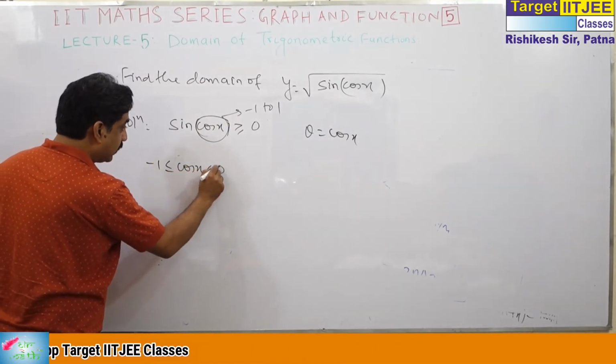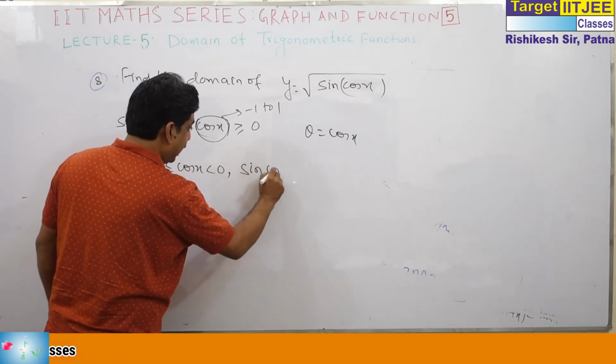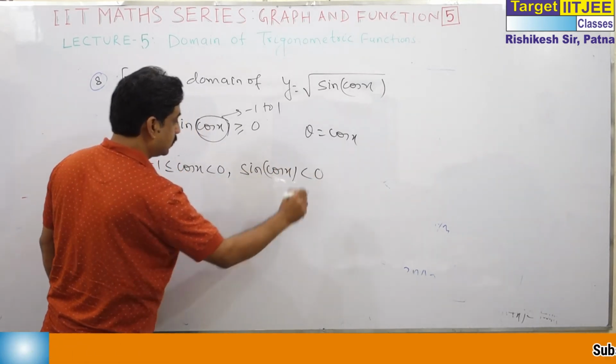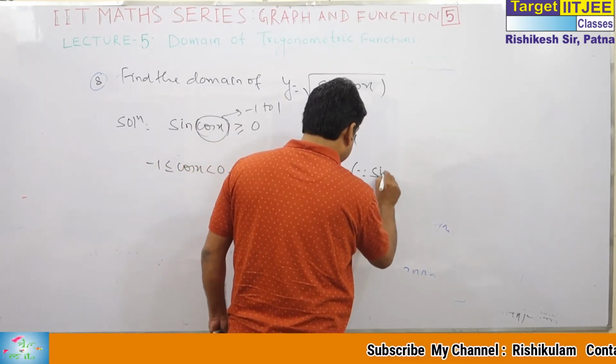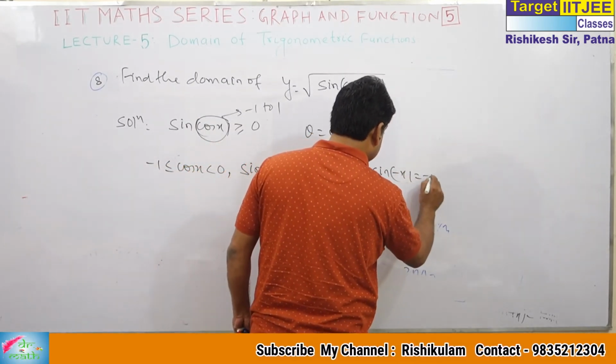When we take this one, sin cos x is less than 0. Why less than 0? Because sin of minus x is minus sin x.